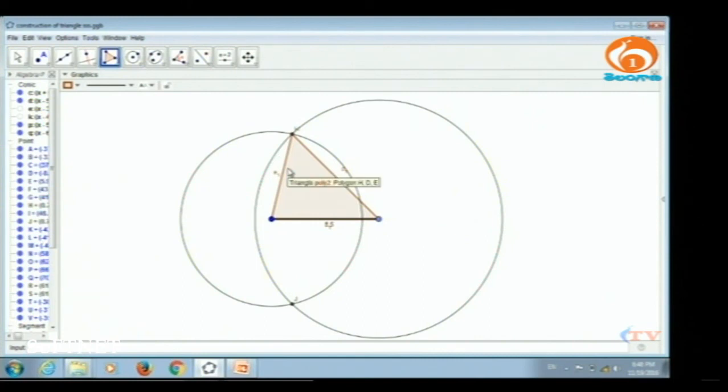Otherwise, we can join our triangle like this also. Therefore, we may get a triangle like this also. But our main question is, is there any need of drawing these entire circles? I think your answer may be no.